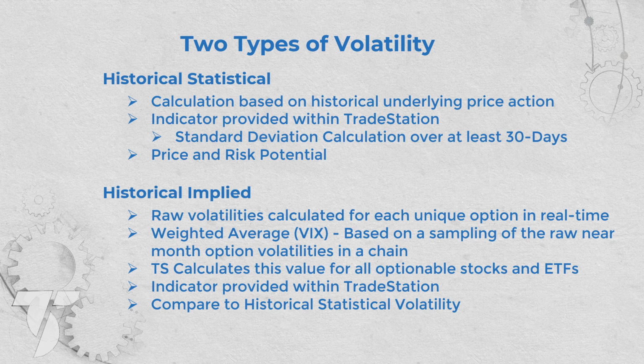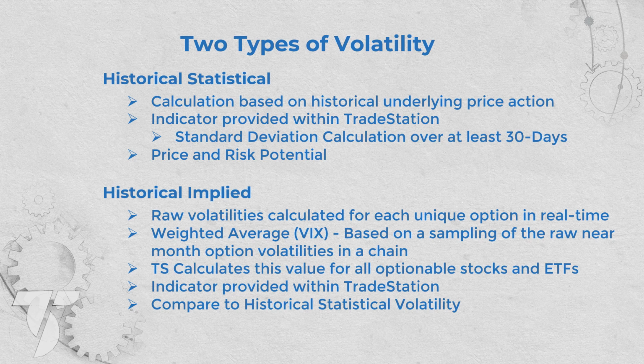So if implied volatility is higher than the statistical volatility, then that's telling us that the options are a bit overpriced compared to the price potential of that underlying asset. And if the VIX or the implied volatility of that stock is less than the historical statistical volatility, then that's telling us that the options are underpriced based on the current price potential of the underlying asset.